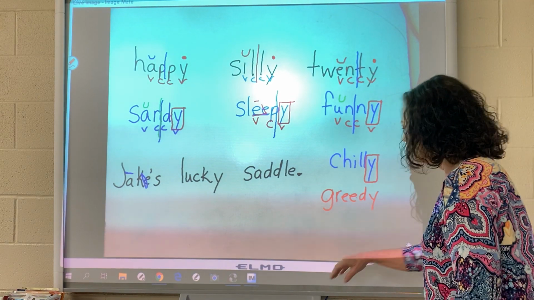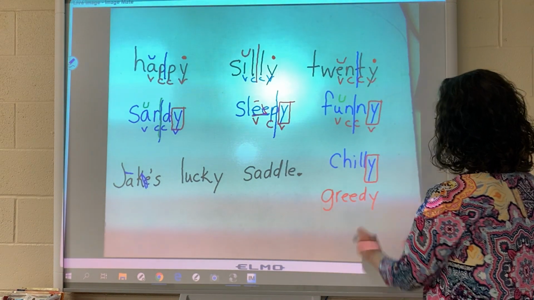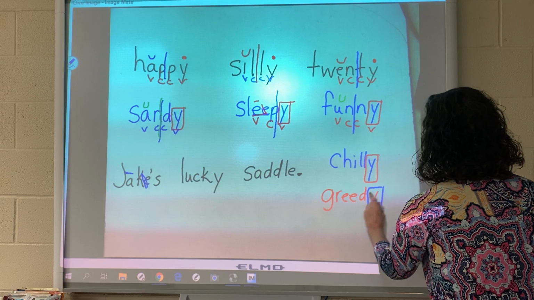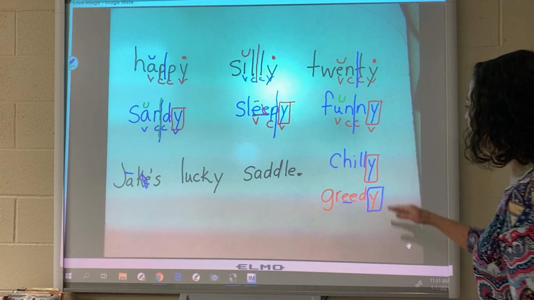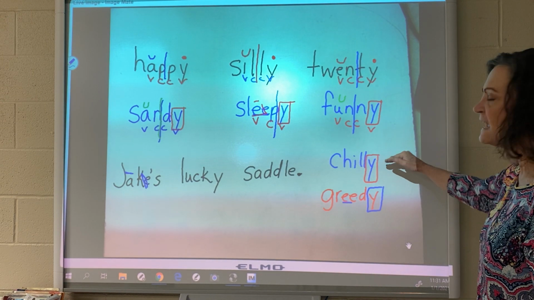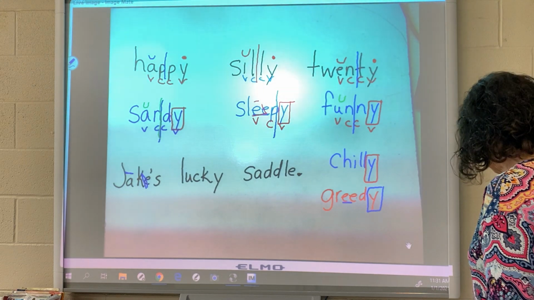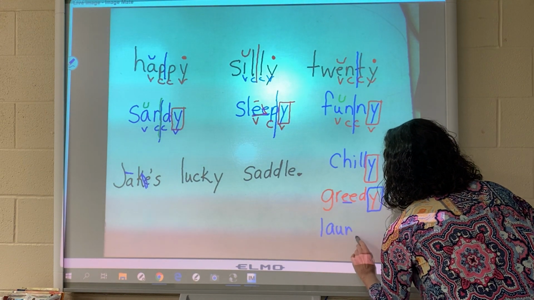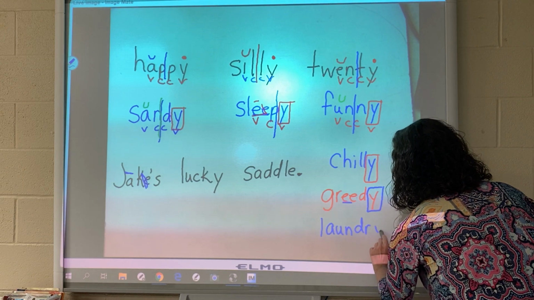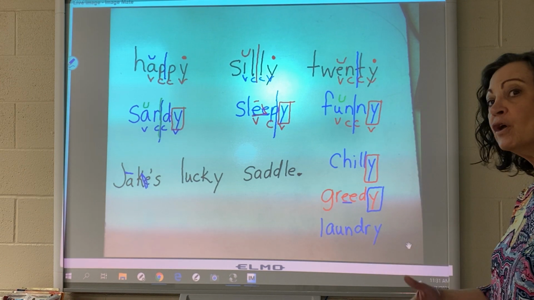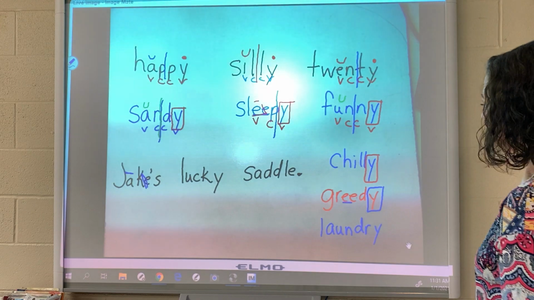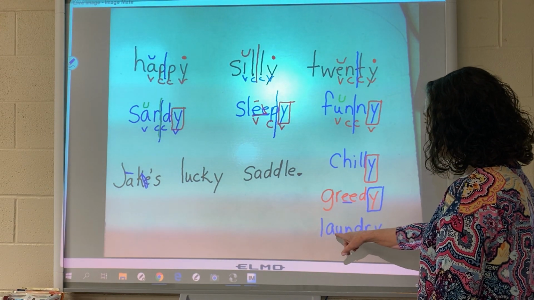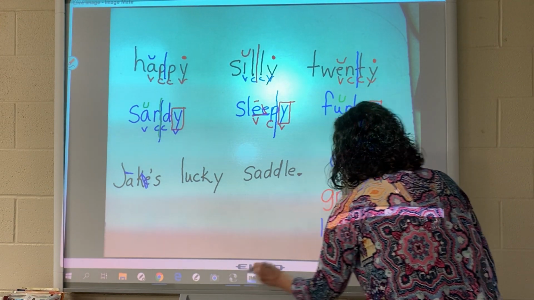So you have a suffix that means full of. Full of greed. State of chilling. And then the last thing, it can mean a place. For example, laundry. Laundry room is a place. So it can mean, and we still code it as a suffix.